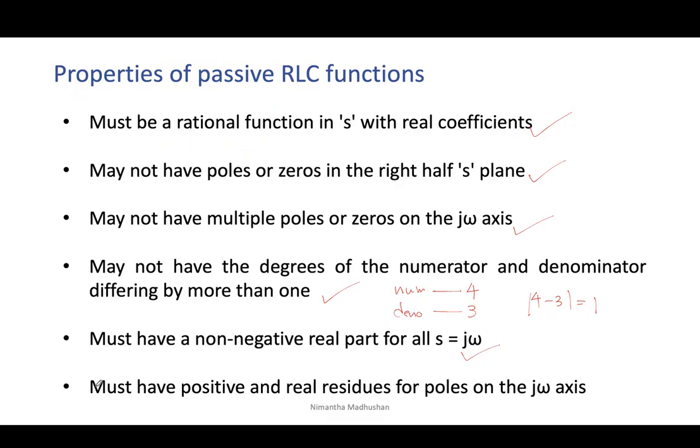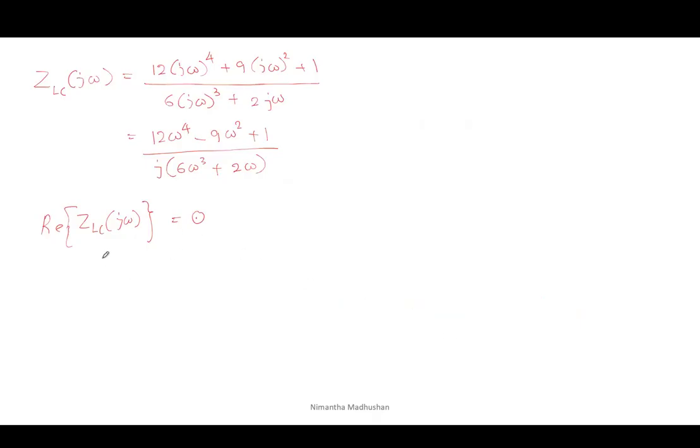And the last one, the sixth, says it must have positive and real residues for all poles on the j omega axis. For that, we have to do the partial fraction expansion. ZLC is equal to 12s to the power 4 plus 9s squared plus 1 over 6s cubed plus 2s. For this function, the degree of the numerator is greater than the degree of the denominator.